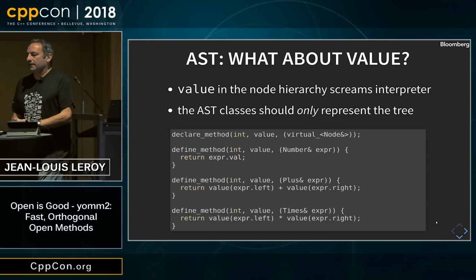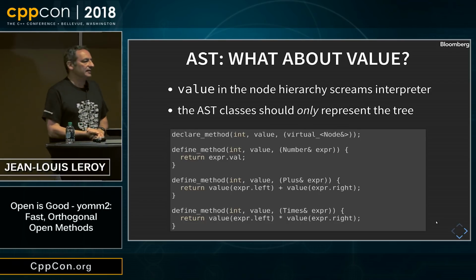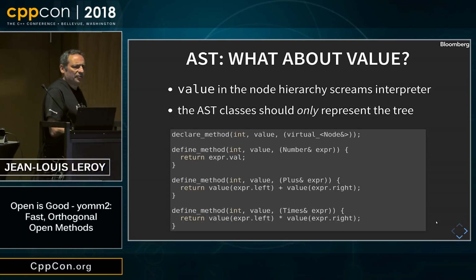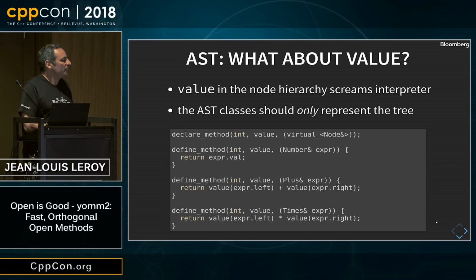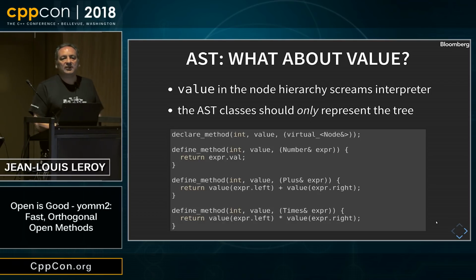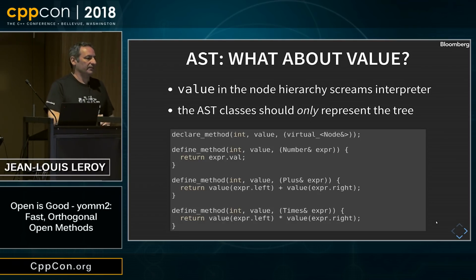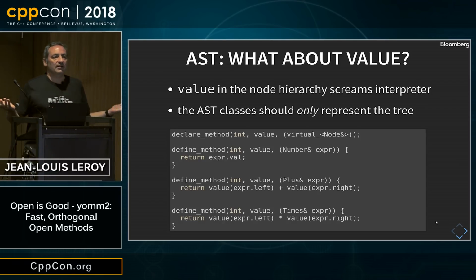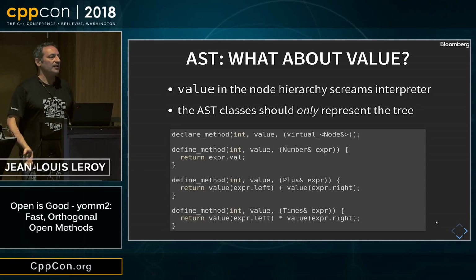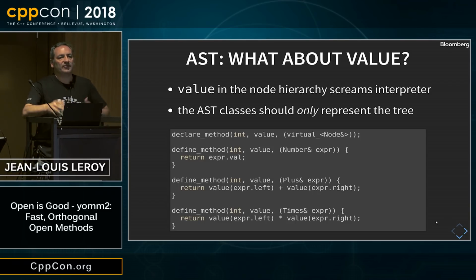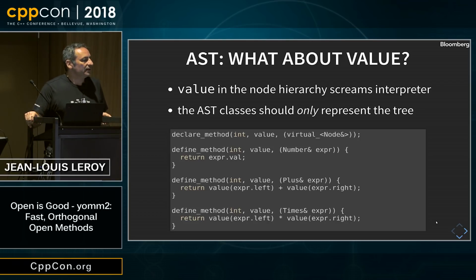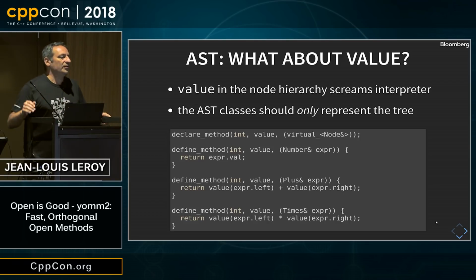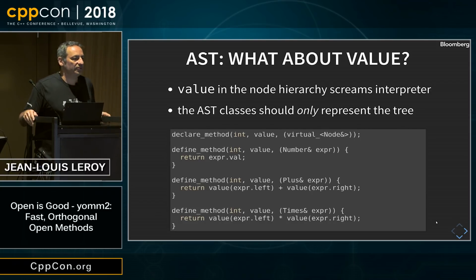So, you know, that value function seemed natural, but let's think about it again. The value virtual function is just another way of rendering the tree as a number. This screams interpreter. If it was not a toy, if it was a real AST library, and I tried to use it in a compiler, I would have no need for the value function.